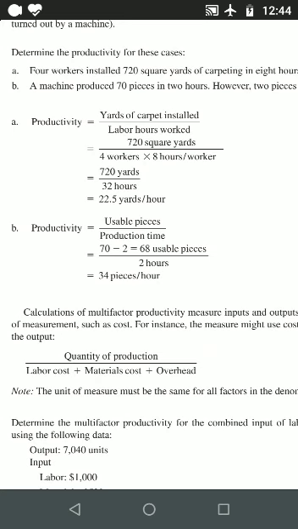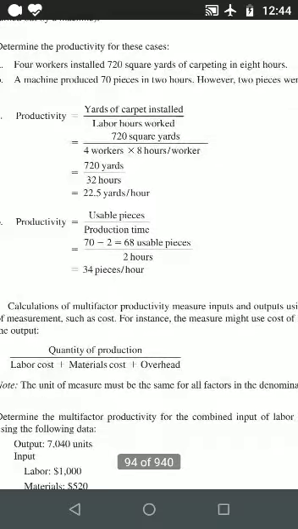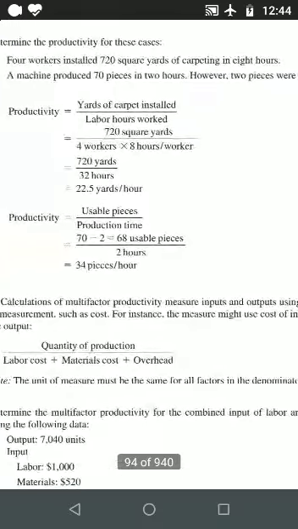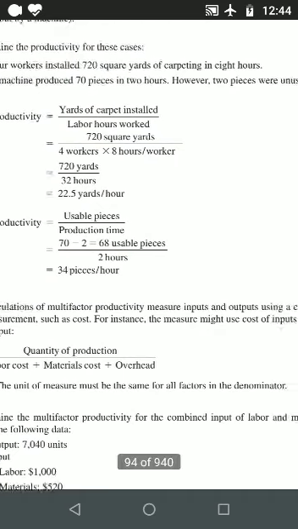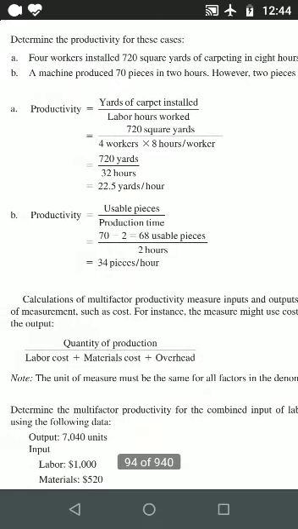Calculation of multi-factor productivity measures inputs and output using a common unit of measurement such as cost. For instance, the measure might use cost of input and units of the output. That means, please remember this very carefully, a very important factor here is that you have to convert all the inputs into a single unit.